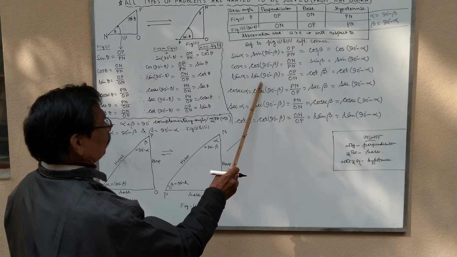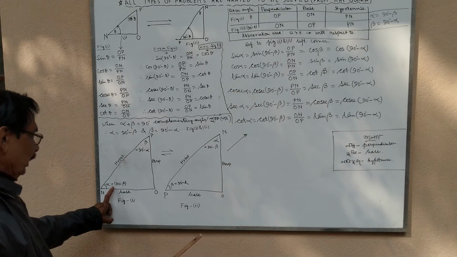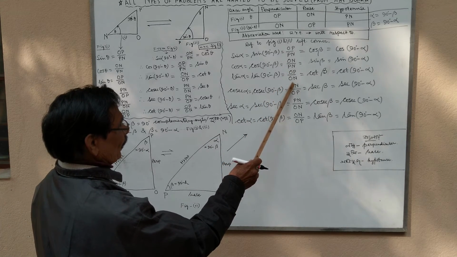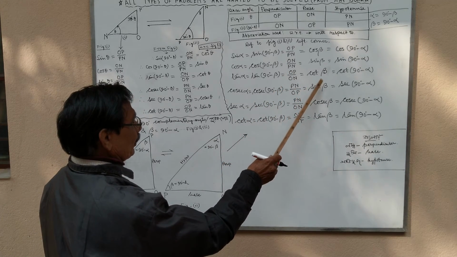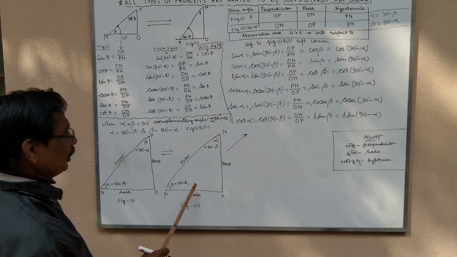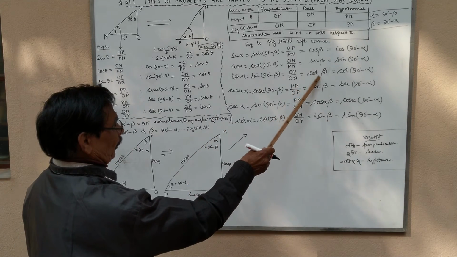Similarly, tan alpha equals tan 90 degree minus beta, perpendicular by base from the first figure, and the same thing is just the reverse, so it will be cot beta.